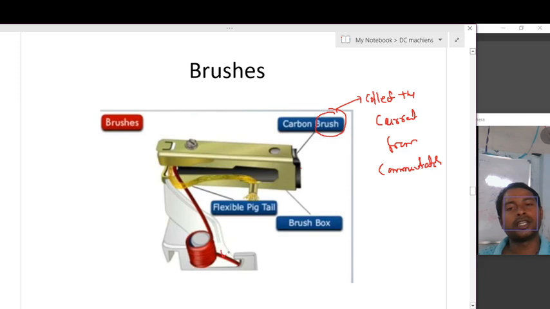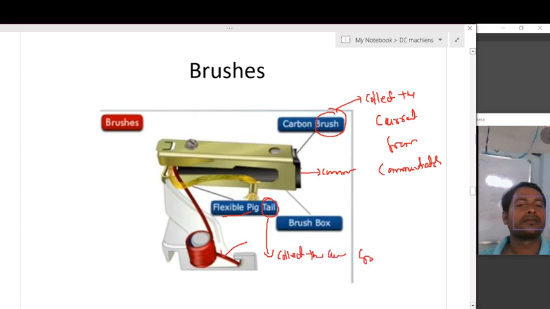This is a spring which always pushes the brushes towards the commutator, and these are flexible pigtails which easily collect the current from the brushes.